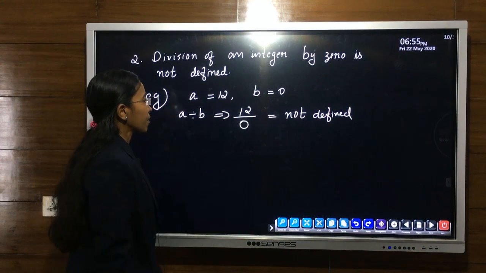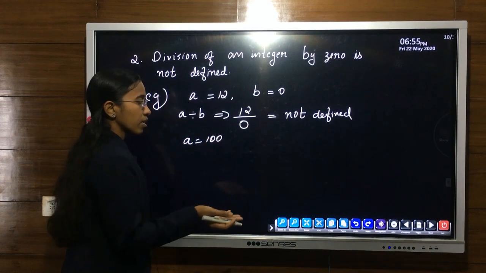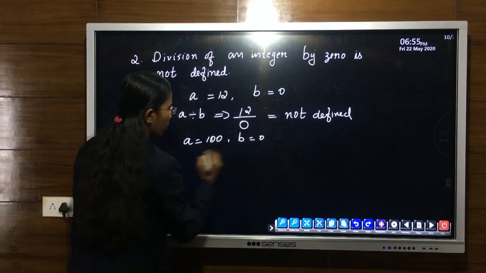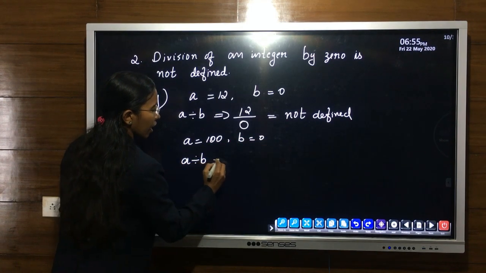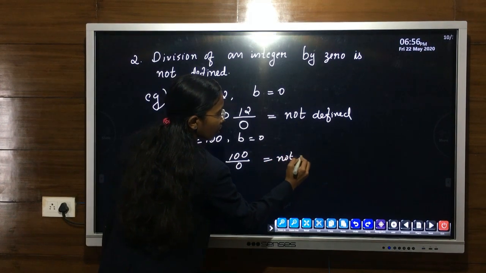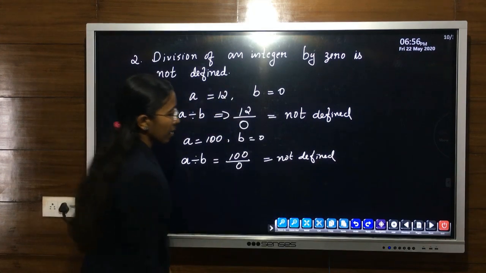Or suppose we take a equal to 100 or 1000 or any number, and b is 0. Then a divided by b means 100 divided by 0. What is the answer? Not defined is the answer because we don't know what the exact value is.